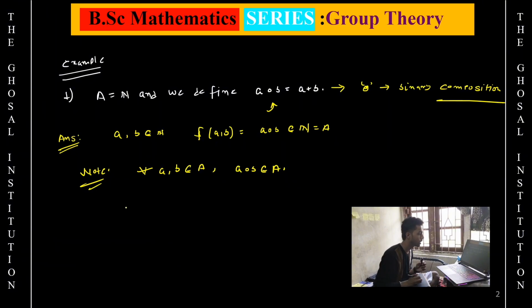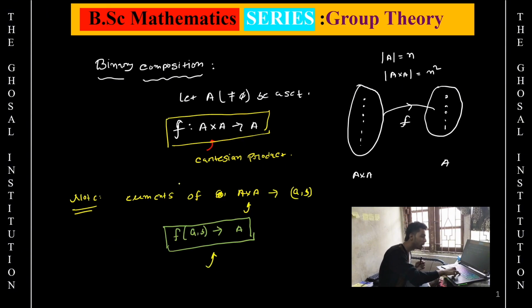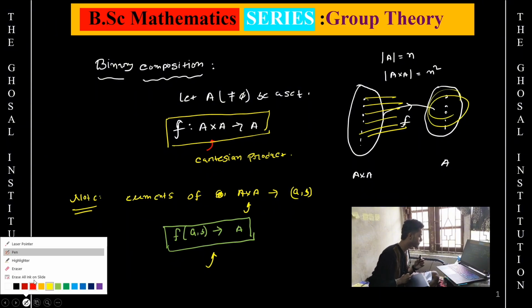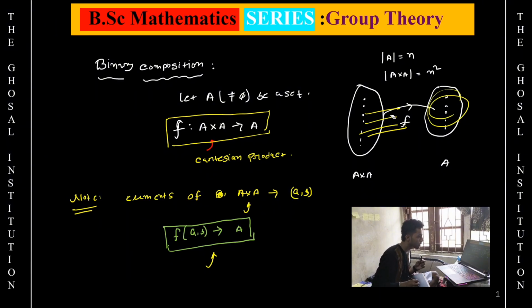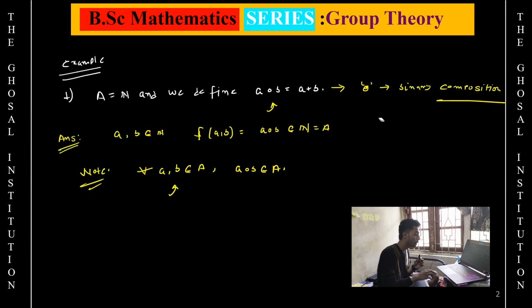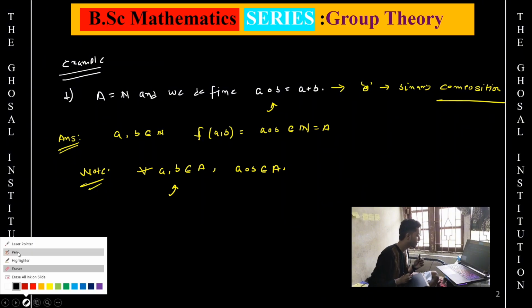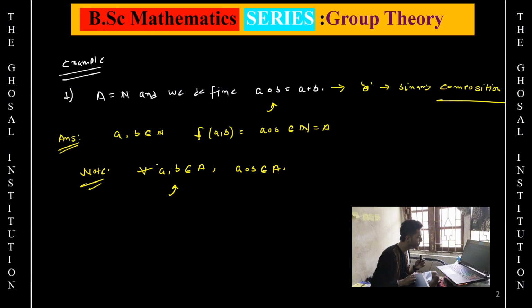As I already mentioned, all elements of A cross A should be connected to some elements of A. So for all (a, b) belonging to A cross A, you have to just check whether a compose b belongs to A or not.